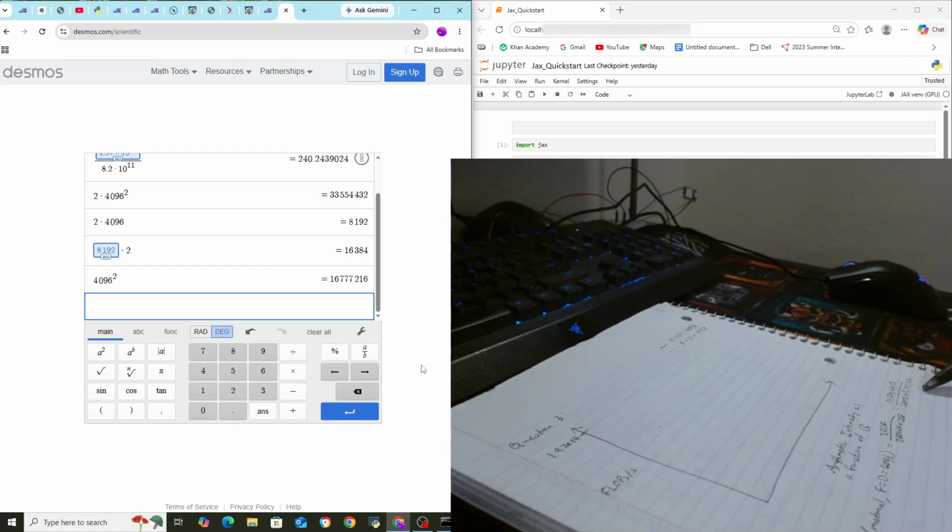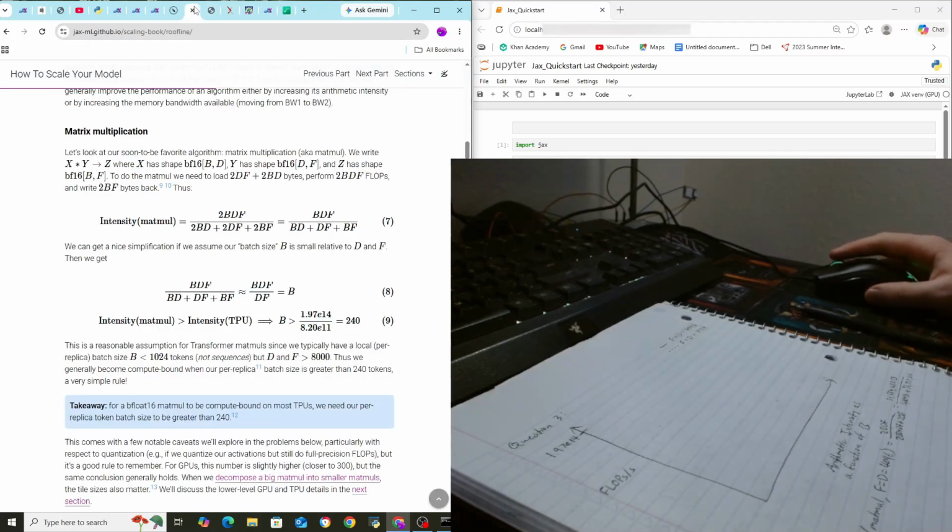So this is the intensity. What we want to know is at what point does this equal our TPU intensity. And there's a second thing here. Oh yeah, there are two different lines for two different scenarios.